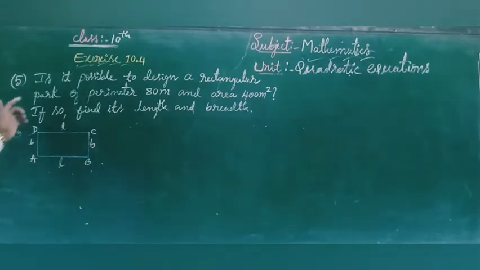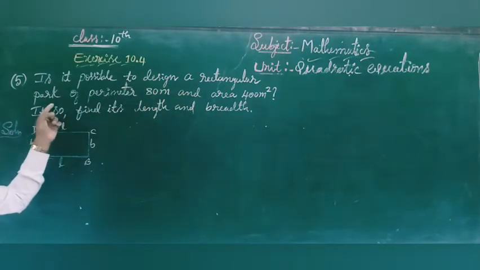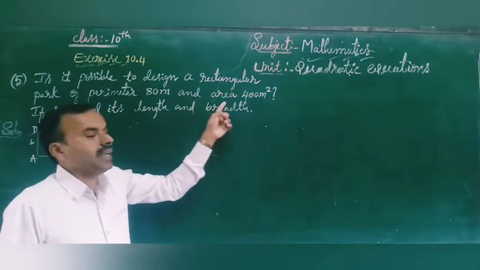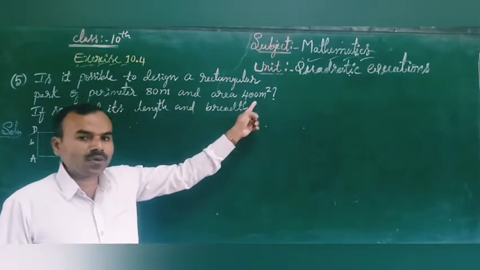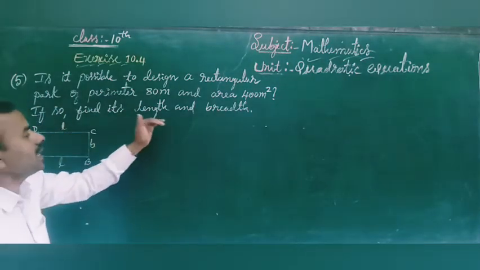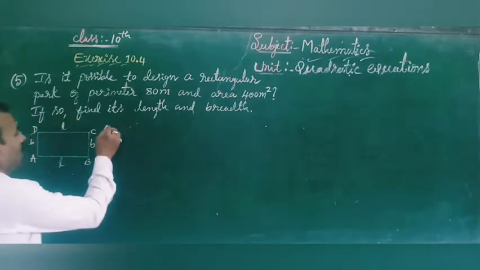Next, last question. Is it possible to design a rectangular form of perimeter 80 meter and area 400 meter square? If so, find its length and breadth. Okay.